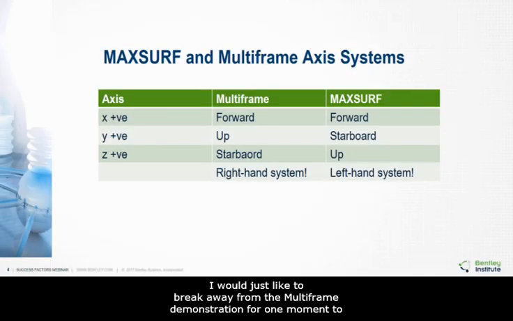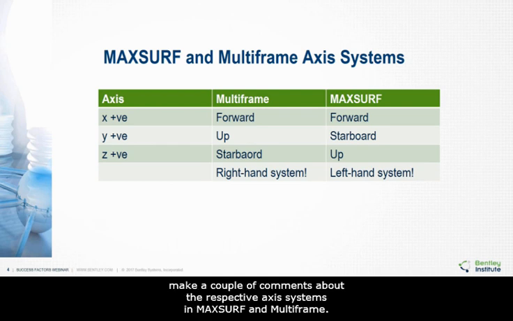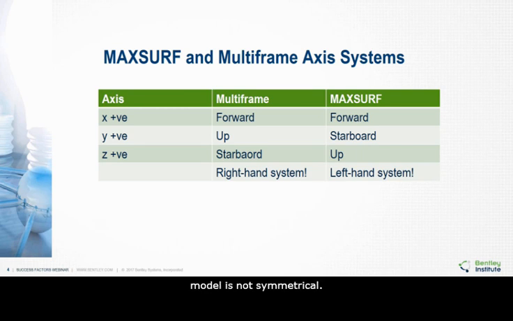I would just like to break away from the MultiFrame demonstration for one moment to make a couple of comments about the respective axis systems in MAXSURF and MultiFrame. They are different, and these differences can become particularly apparent if the model is not symmetrical.